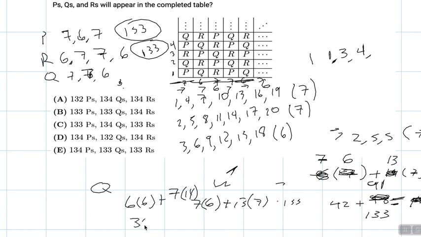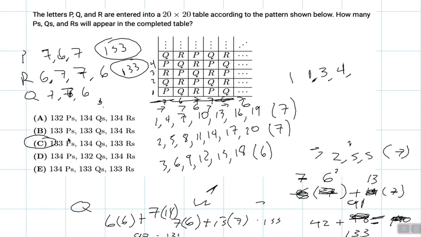So that's 36 plus 98, which is 134. So Q is going to be 134. Yes, so I say it's choice C. Choice C is, in fact, the right answer.